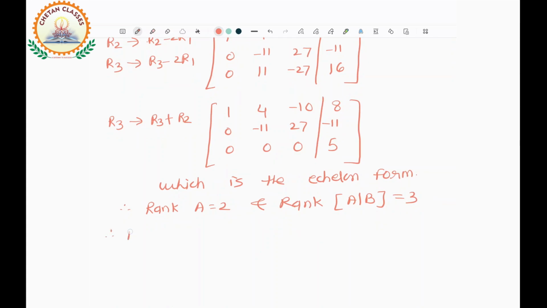It means the rank of A is less than the rank of the augmented matrix. Therefore, the system of equations is inconsistent.